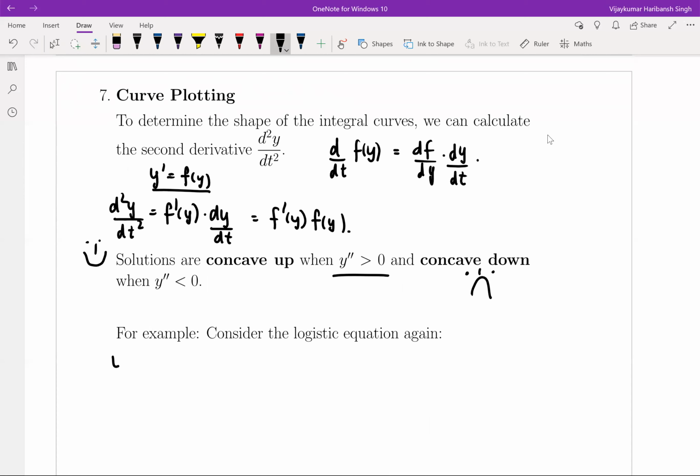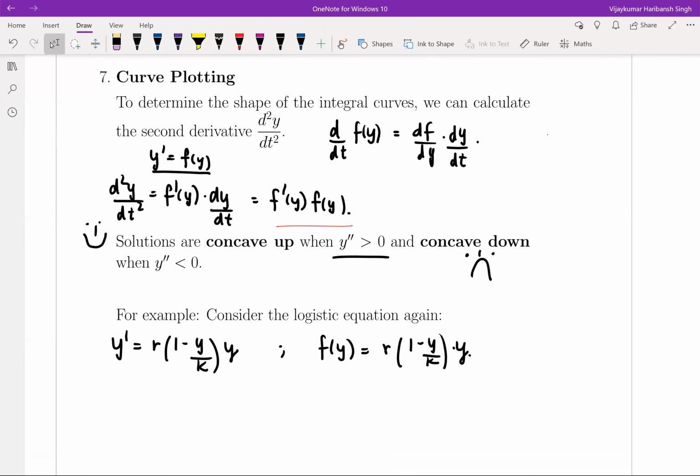So let's see, y' equals r(1 - y/k)y, right? This was our logistic equation. So we need to compute this for our logistic equation. f(y) in this case is r times (1 - y/k) times y.